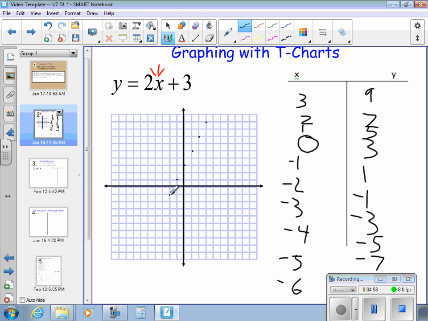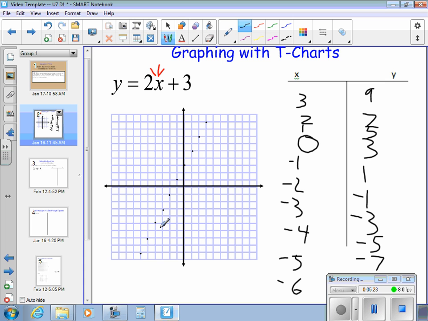There we go. Negative 3 and negative 3, negative 4 and negative 5, negative 5 and negative 7, and negative 6 and negative 9.